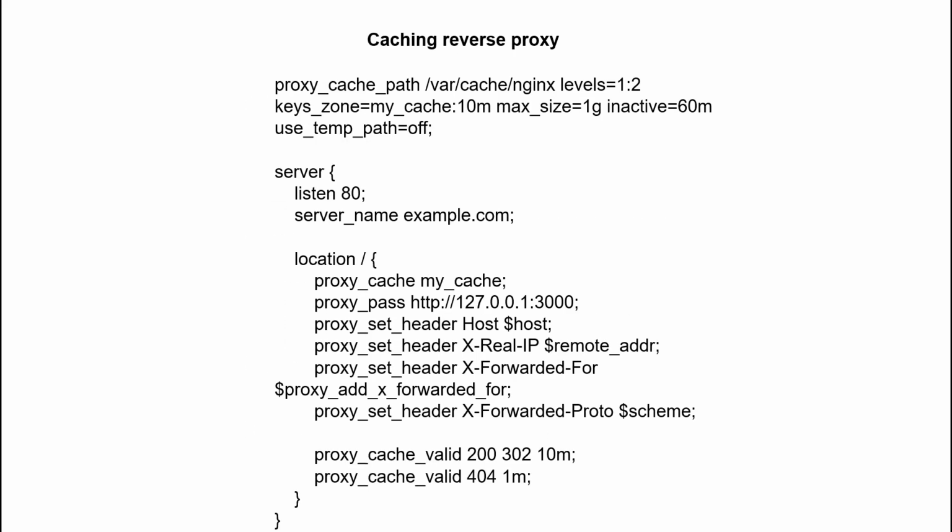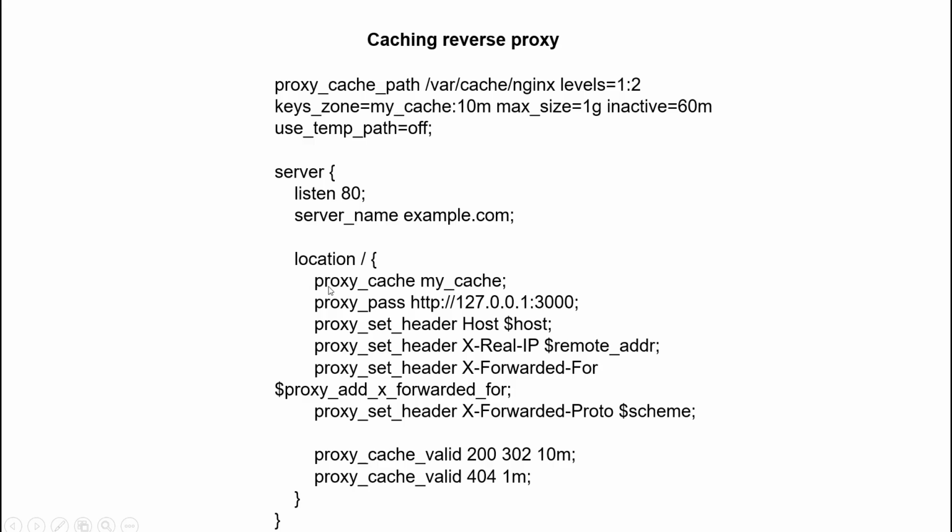Next, if you want to configure your reverse proxy to cache the data, these are the commands. You can copy these commands and paste them into your sites-enabled file. We made a configuration file named my proxy. You can copy this and paste it in that file.